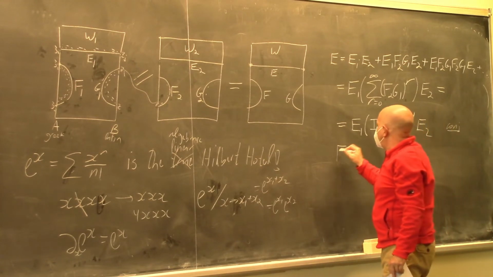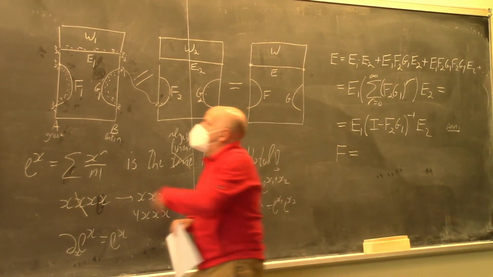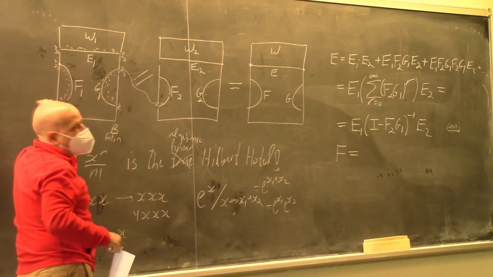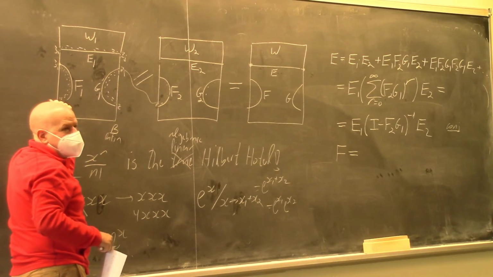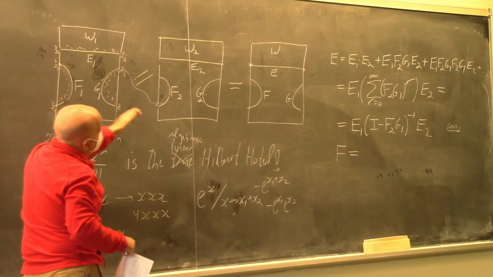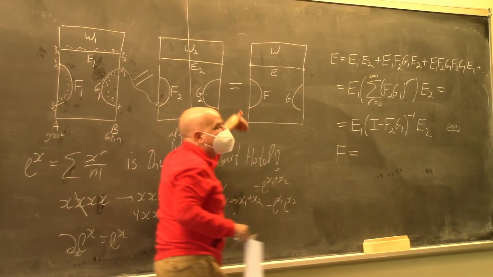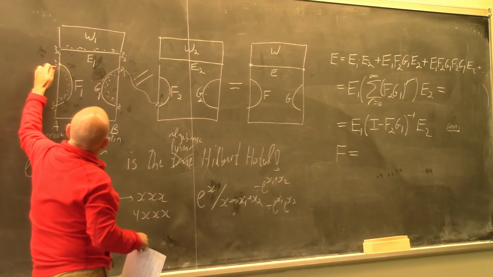Now let's find what F could be. So I enter from the left. How could I come back out on the left? That's what F does. If I enter on the left, how will I come out on the left?